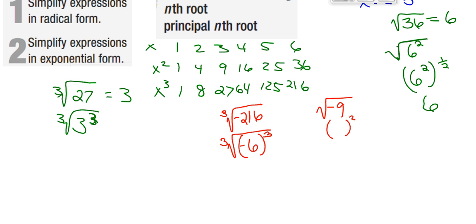If it is an even root and this is a negative, we can't get a real answer. But if it's a radical with an odd index, then if it's negative, we can still get a negative answer.